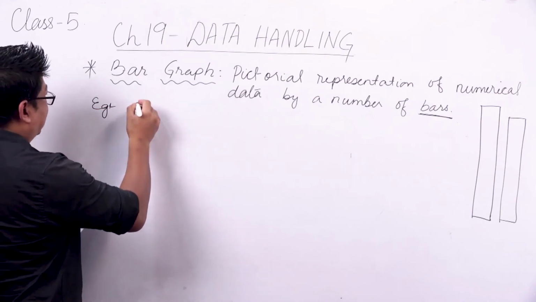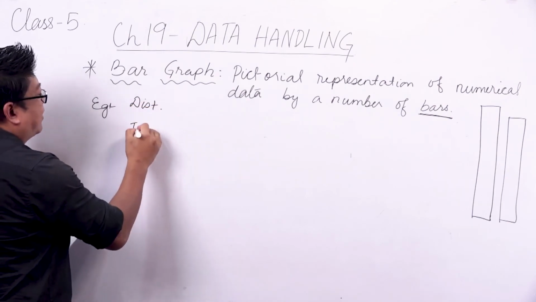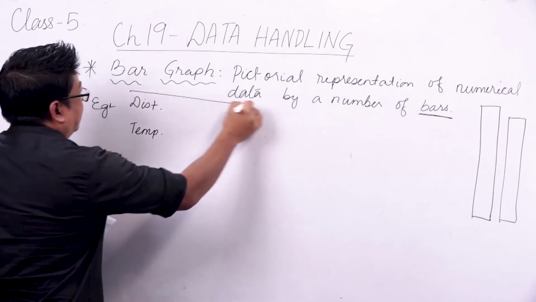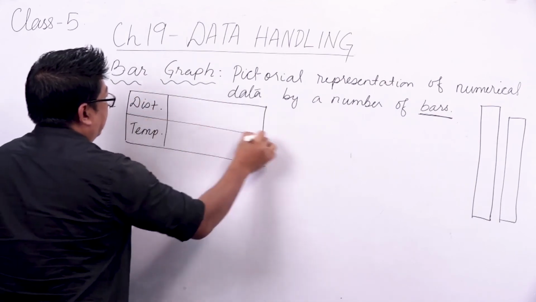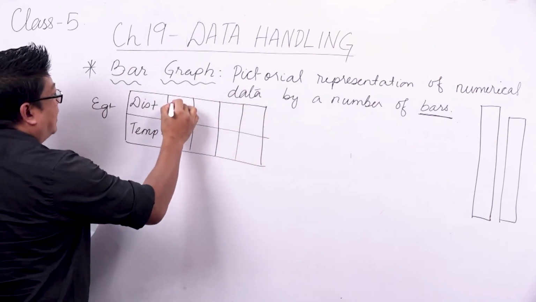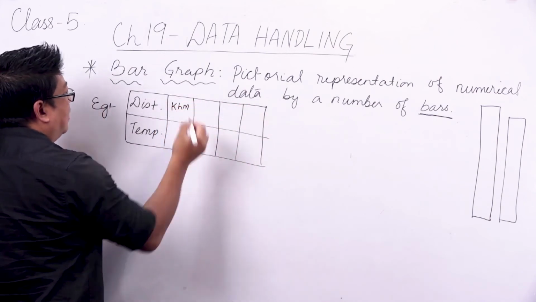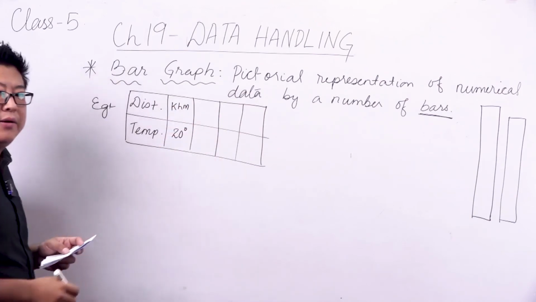there are 4 districts given. Let's say the district and then their temperature is given. So let us assume that we have 4 districts here. The first one, let's say it is Kohima. Let's say that the temperature in Kohima is 20 degrees, okay?